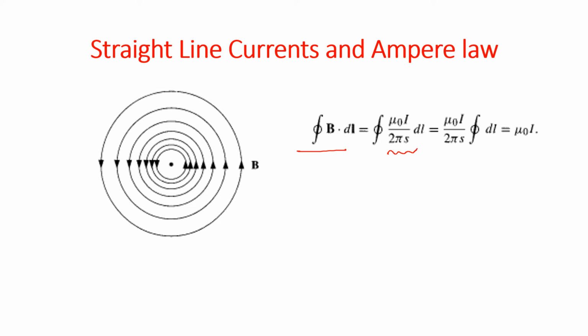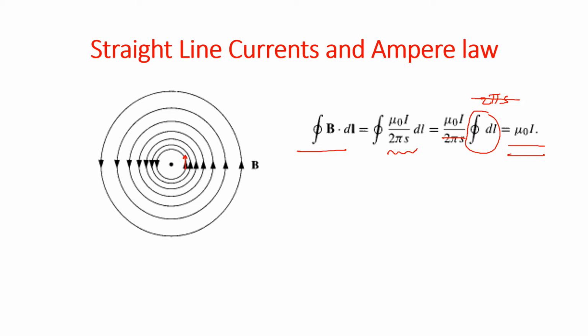So here you can see that the magnetic field and the length element that we consider are in the same direction. So B dot dl will give B dl cos 0. That is why it is dl only. Now mu 0 is a constant factor, I is constant, 2 pi s are constants, so integral dl. But what is the integral dl for a circle? It is 2 pi times the radius, 2 pi s. So 2 pi s cancels with 2 pi s, so that gives mu 0 I.